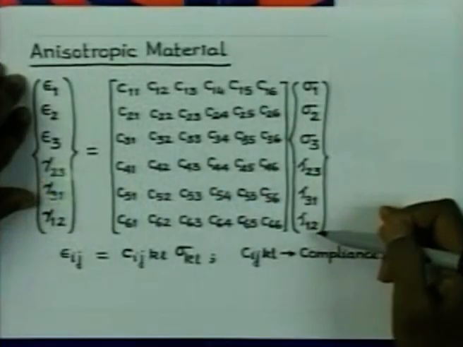Now, if you consider purely anisotropic material, then you will find that the relationship is a little different. First of all, if you just concentrate on this part, you have the 6 strains and the 6 stresses.